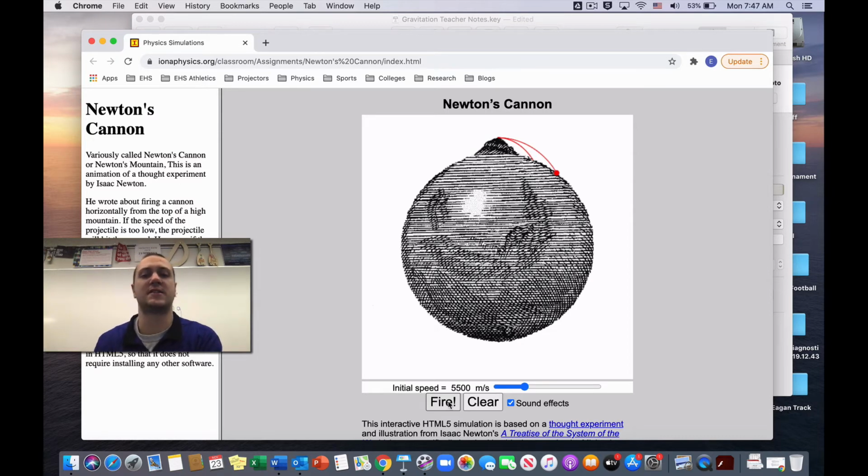We start to see some of the circular motion ideas come back here. If it's not moving fast enough, that means it's being pulled too much, so it's not going to maintain that true circular path. If we go much faster, we see that we can escape as opposed to orbit. And if we slow it down a little bit more, same thing.